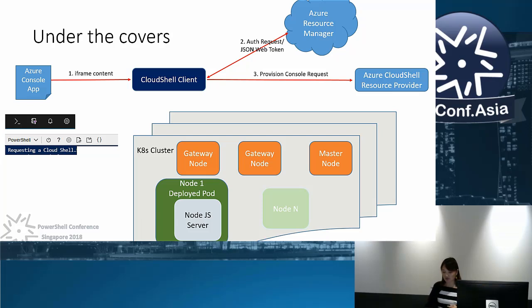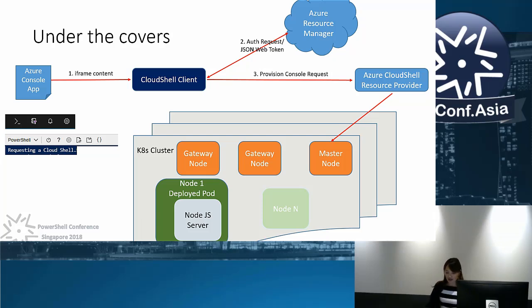And resource provider is responsible to manage that image. And last thing it does is resource provider also monitors the life cycle of the pod that we're going to deploy for you. Okay, so you can see here, resource provider does lots of things to the Kubernetes cluster.